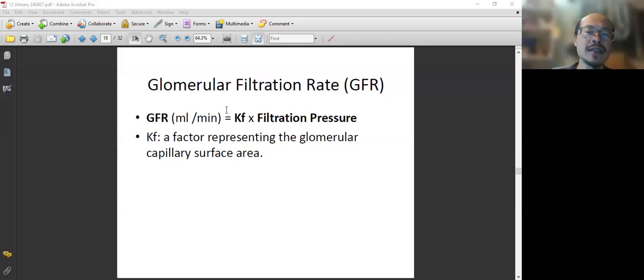This is related to heart failure patients. If the patient has a chronic heart disease, so the heart muscle is not strong enough, then the pressure to push the blood through will be weak, and the filtration rate will also be low. So that's something related.